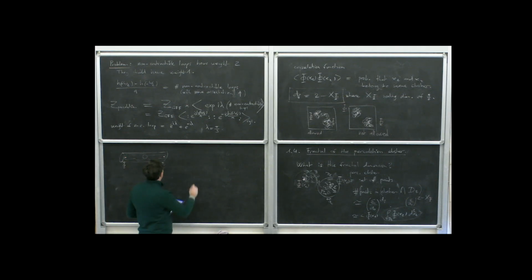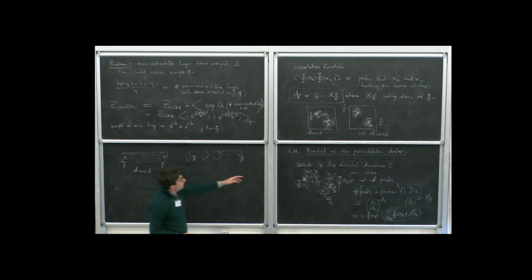But what we cannot have, so these are the allowed configurations, but what is not allowed, if we look at the right picture, so what is not allowed? Well, precisely configurations where you have such non-contractible loops, right?